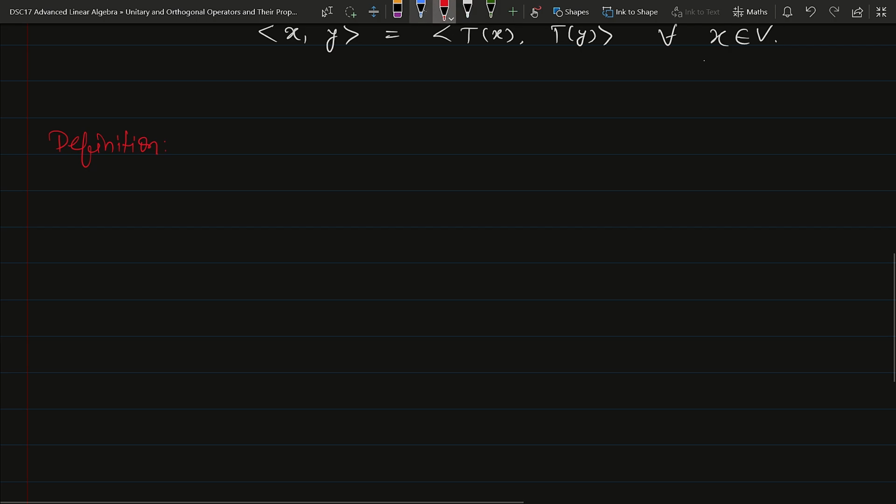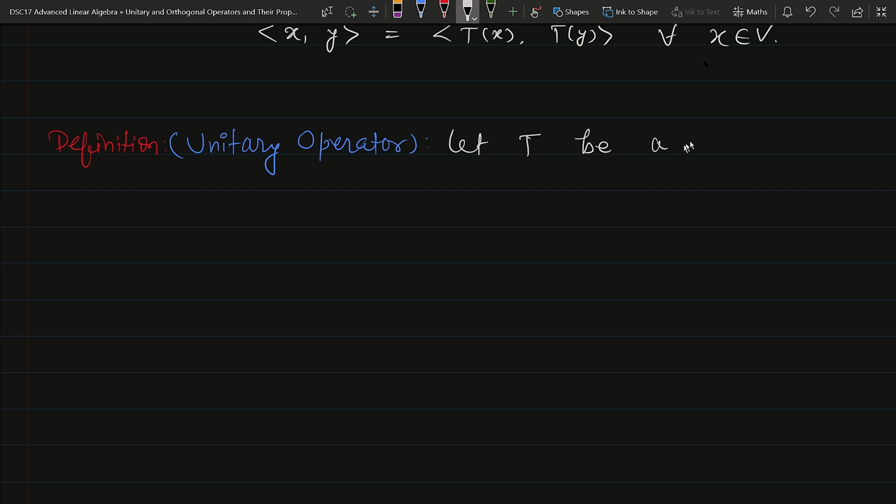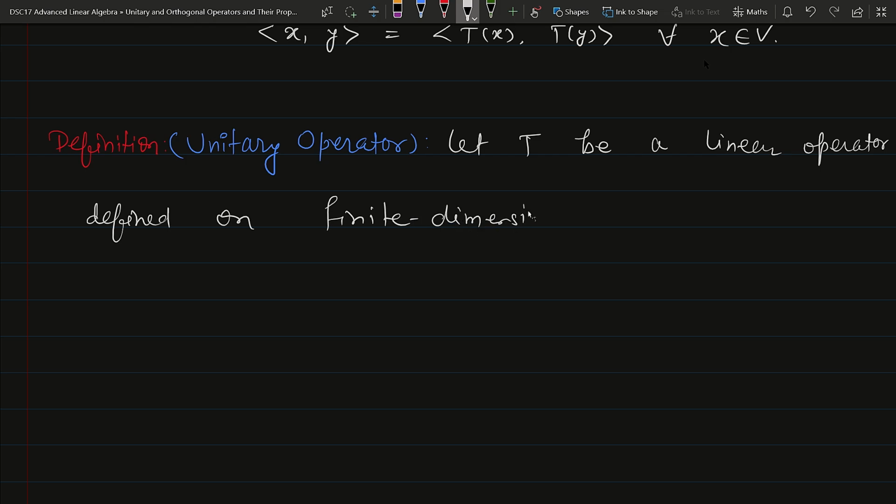Okay, so definition. This definition defines the unitary operator. So let T be a linear operator defined on a finite dimensional complex inner product space.